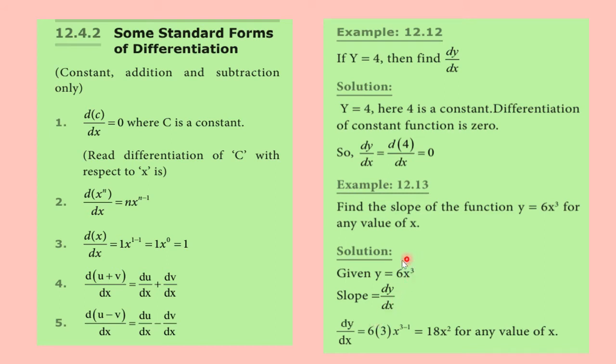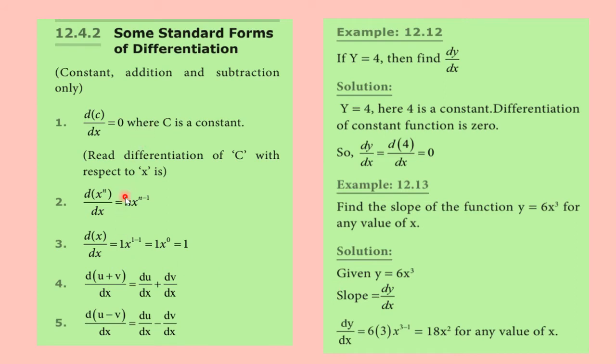So 6 into 3 will become 18. Then, what did I say? Subtract 1 from the given power. So x power 3 will become x power 2, for any value of x. So the slope for this function y is equal to 6x cubed is equal to 18x square. So this is the standard form or rule number 1.